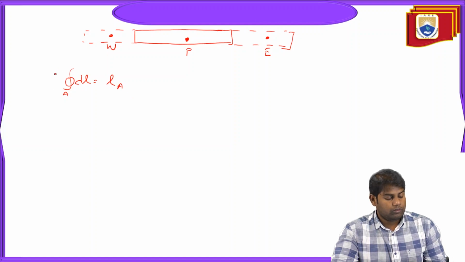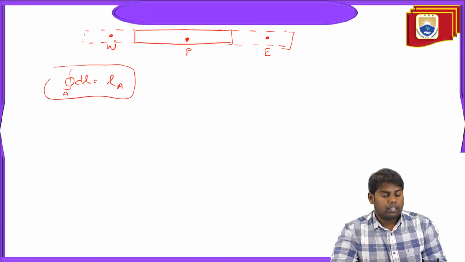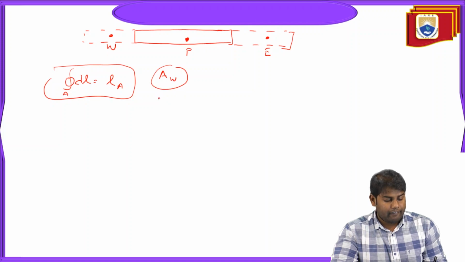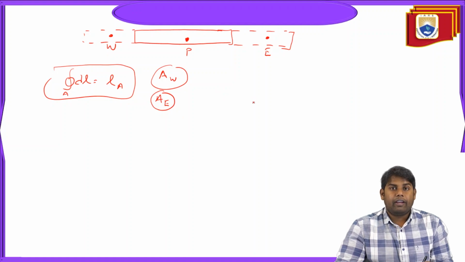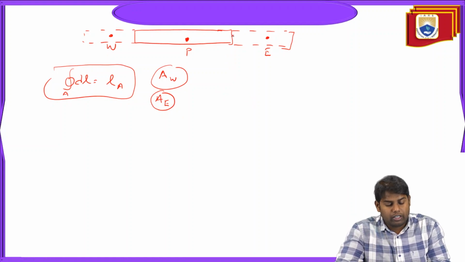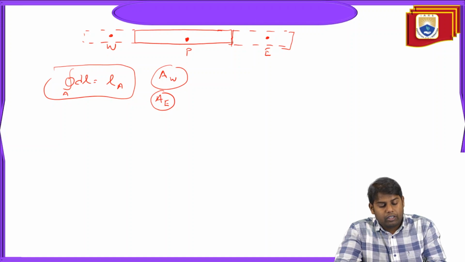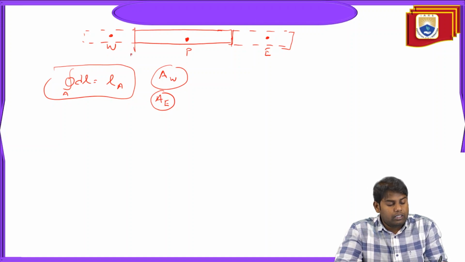The area at the west face we will take as AW, and the area at the east face we will take as AE. So this one has AW and this one has AE.